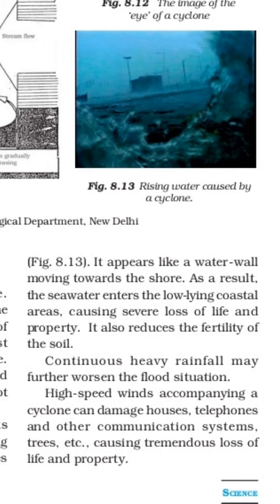We already discussed this in the last period. With continuous heavy rainfall, the flood situation will worsen further. High speed winds accompanying a cyclone can damage houses, telephones and other communication systems, trees, etc., causing tremendous loss of life and property.